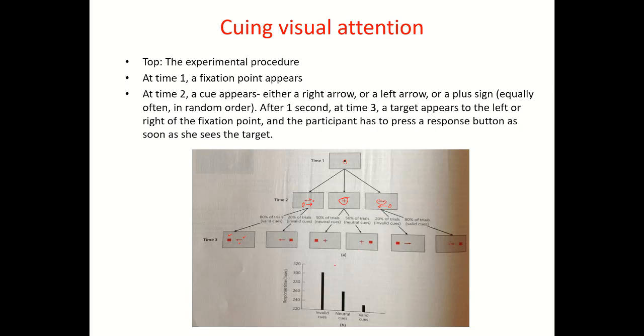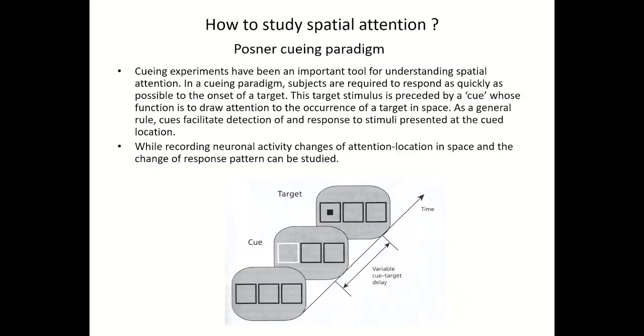You see, invalid cue reaction time is much longer than the neutral cue, and in the case of valid cue, it is really short. So response is fast. Also, the correct response will be more in this case. In this case, the subject will miss the correct response.